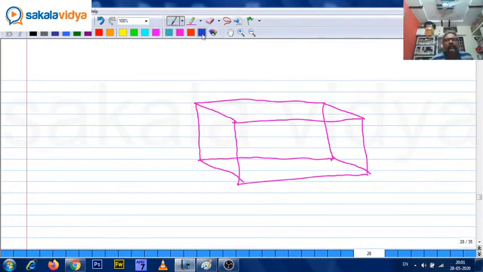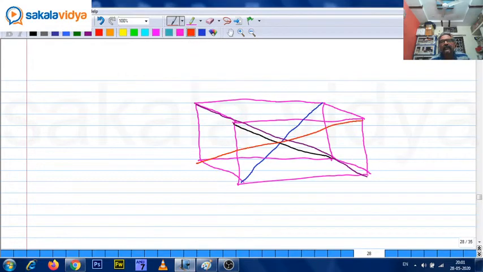So now see, this is the one diagonal. This will be the other diagonal. Next, this will be the other diagonal. Now this will be the other diagonal.